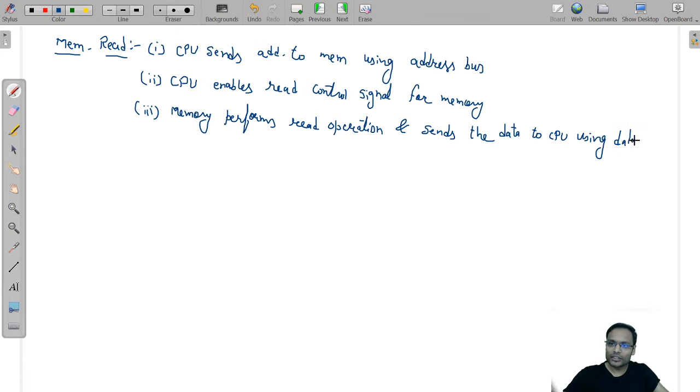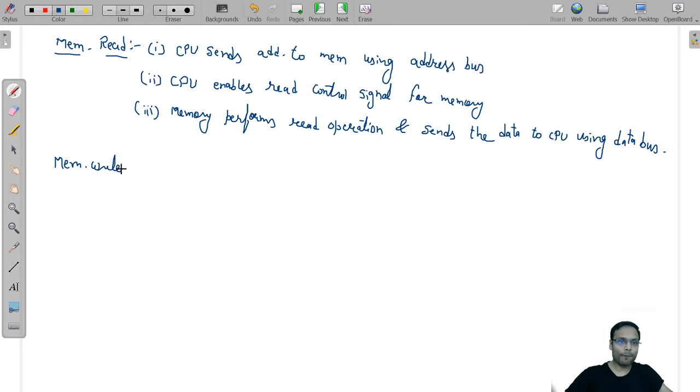This is very simple if you understand, but I have still written it so that you can remember it for a longer time. Of course, your memory is not persistent memory like this one, your actual memory.